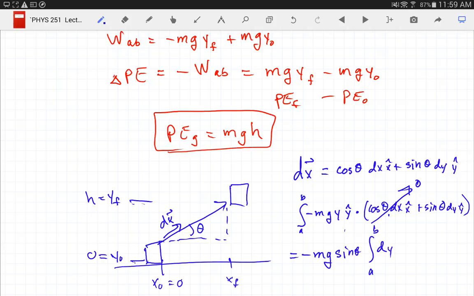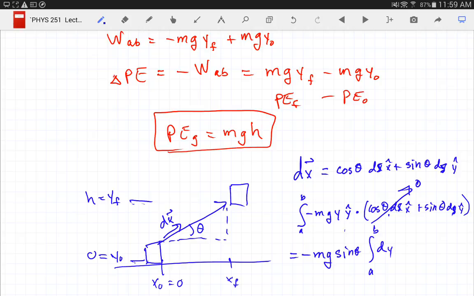I have this. And then you say, well, it's not the same as what I had before, right? It's not the same because there's the sine theta in there. But, oh, yeah, I make myself angry. I should have used an S here instead of X and Y for those.